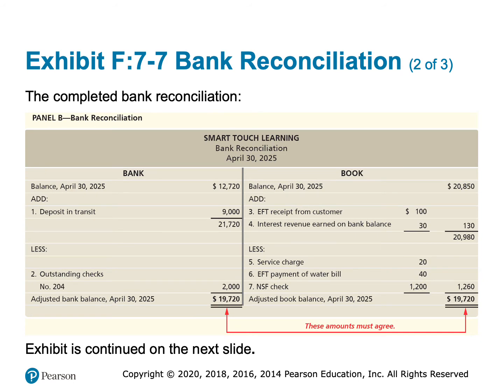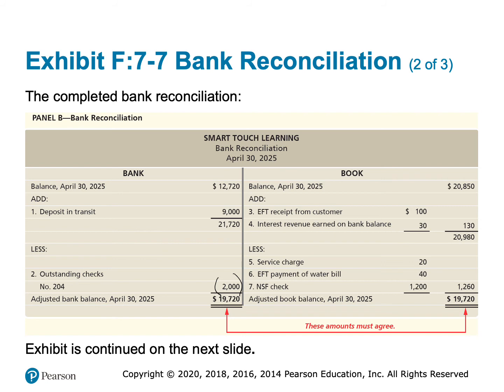On the bank side, I'm going to start off with the bank statement balance. I want to add the deposit in transit, and I'm going to subtract, so I'm going to put it in parentheses here, the outstanding check. I had made a deposit of $9,000 that was not reflected in the bank statement, and I had written check 204 for $2,000 that had not cleared the bank as of the bank statement date.